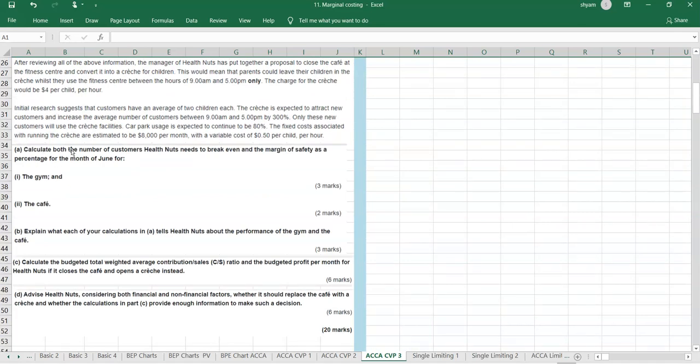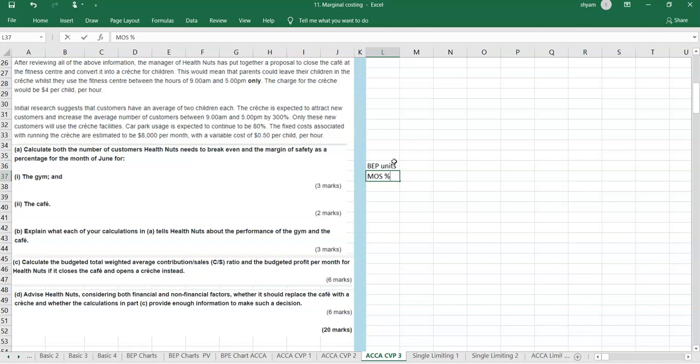Calculate both the number of customers Health Nut needs to break even and the margin of safety as a percentage for the month of June. So he's asking what is the BEP in units. That's the first question. Then he's asking for MOS as a percentage.